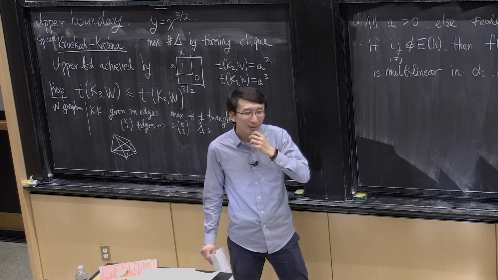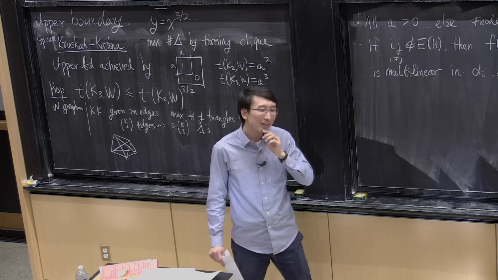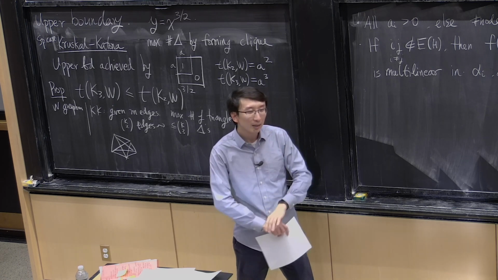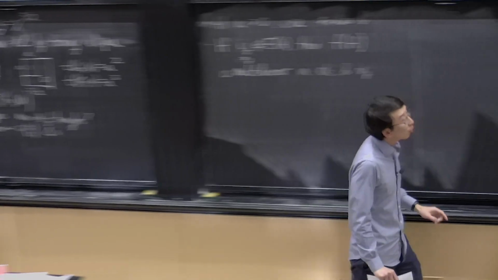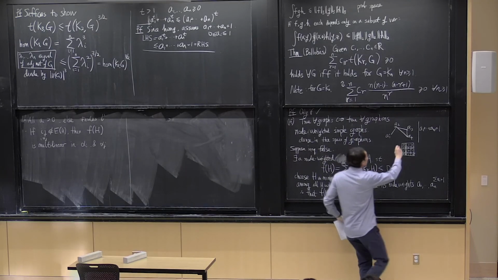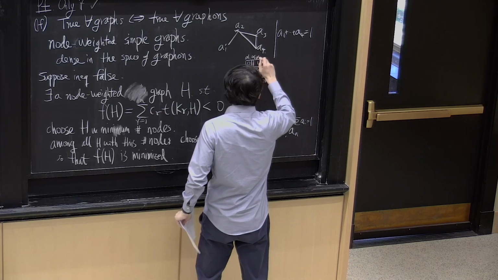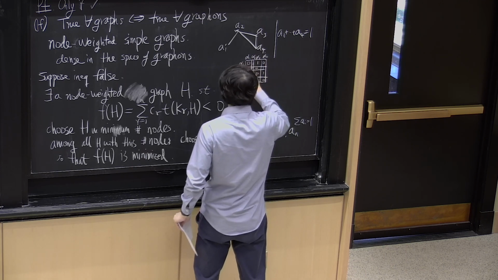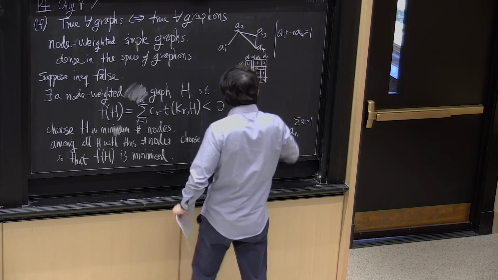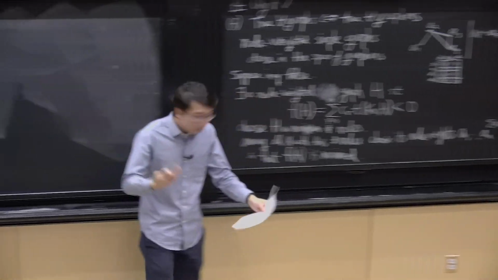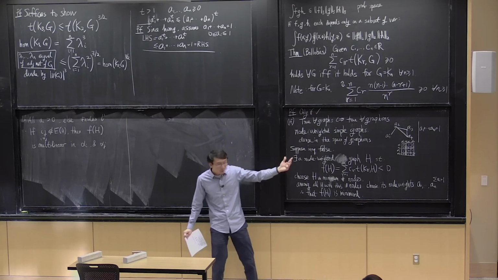Either of you. Okay, so we're forbidding it. So here's alpha 1, alpha 2, alpha 3, alpha 4, alpha 1, alpha 2, alpha 3, alpha 4. Right. So understand what the triangle density is.